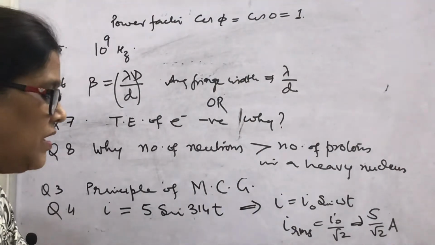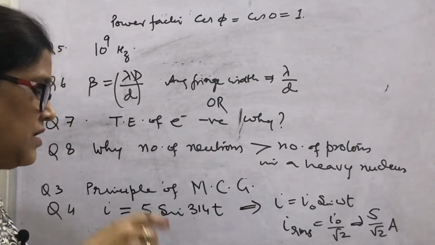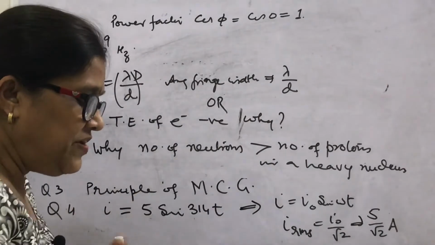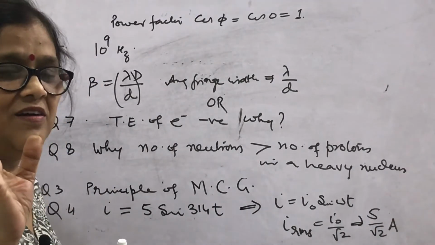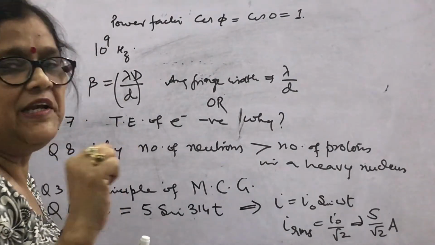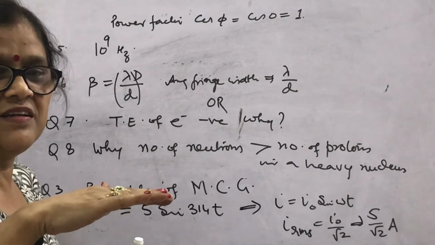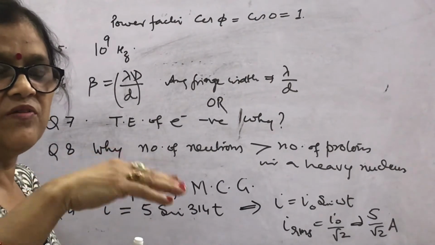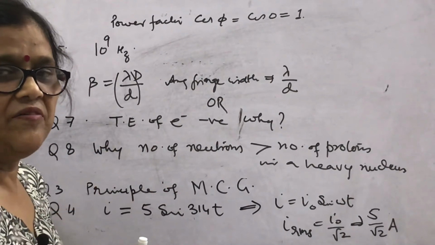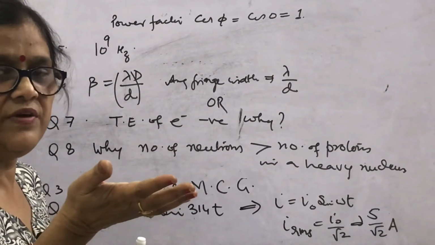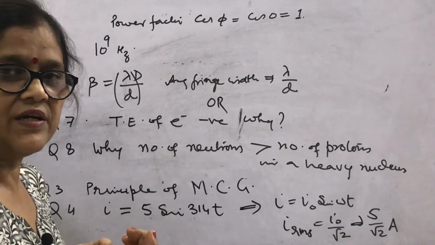Now the next question: how does the conductivity of a semiconductor change with rise in temperature? You know, a semiconductor at room temperature has very few electrons, and if the temperature is raised, more and more free electrons will be available, so the conductivity will be more.